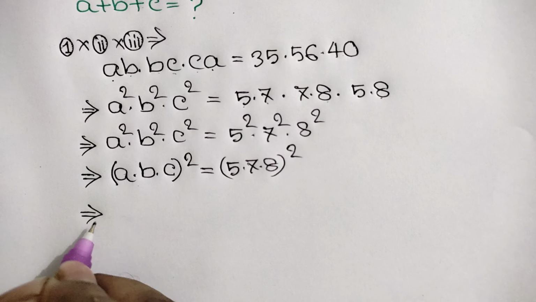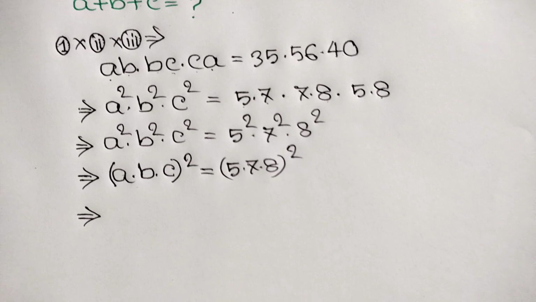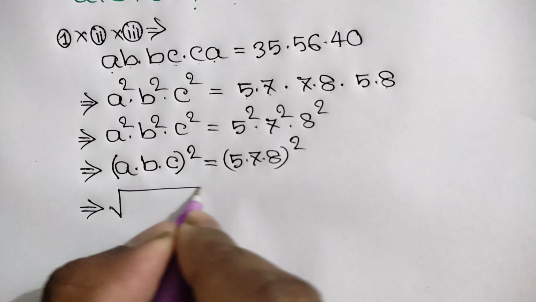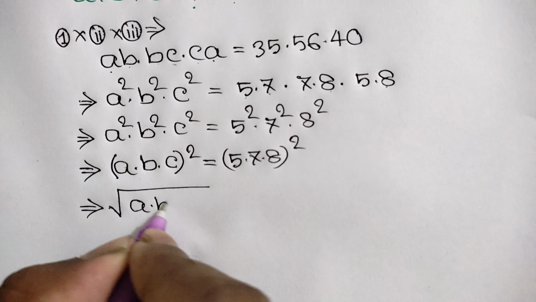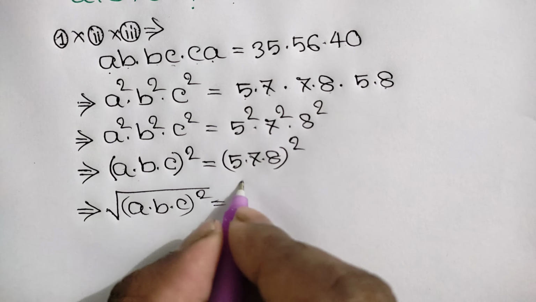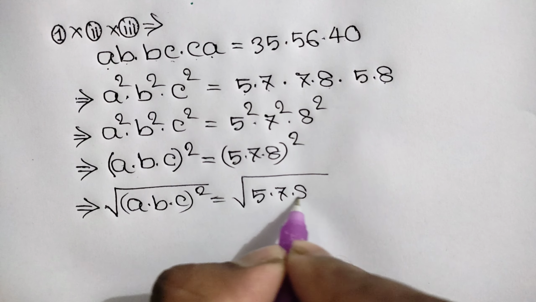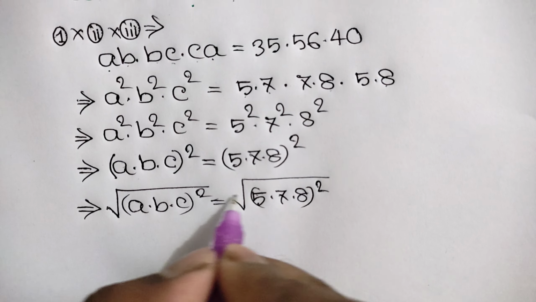Or now taking a square root on both sides, we can write here a square root of a times b times c whole square is equal to a square root of 5 times 7 times 8 whole square.